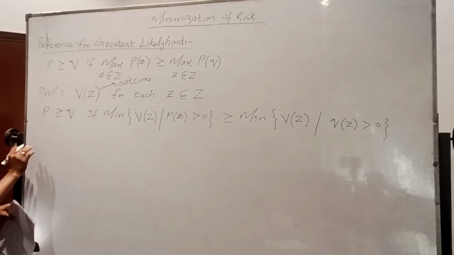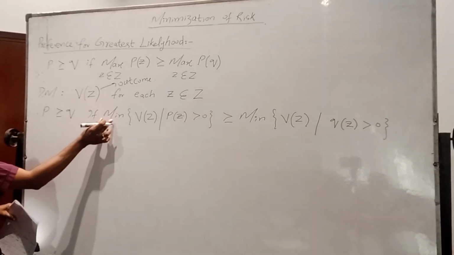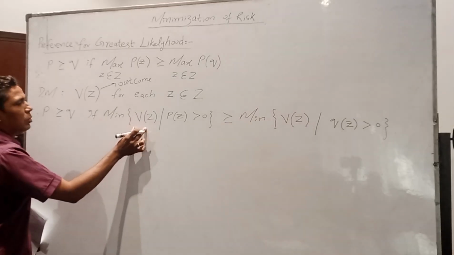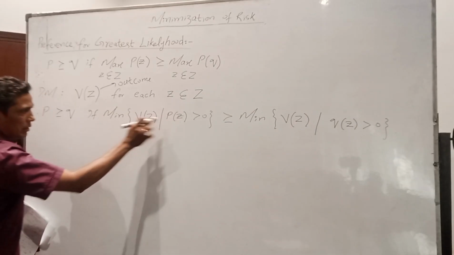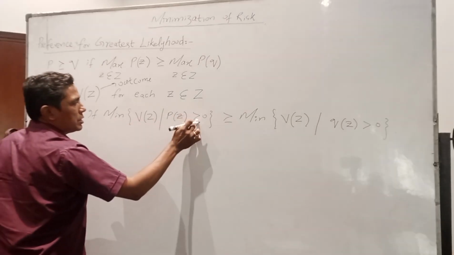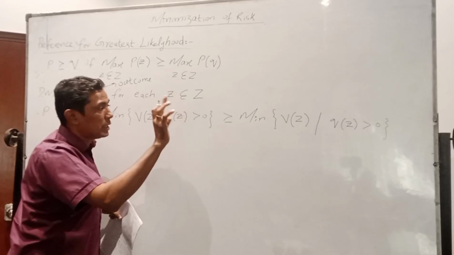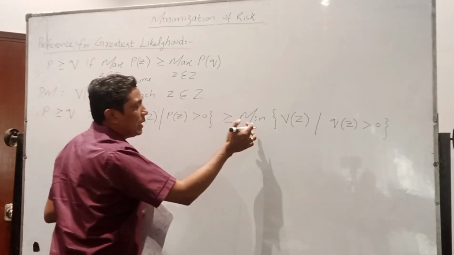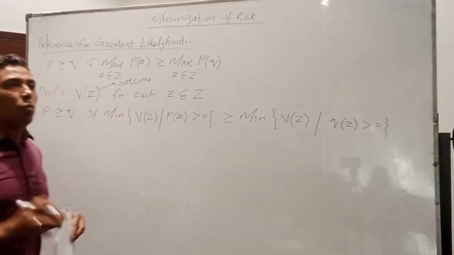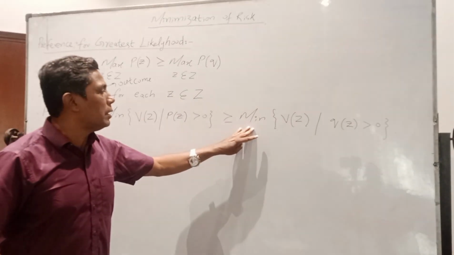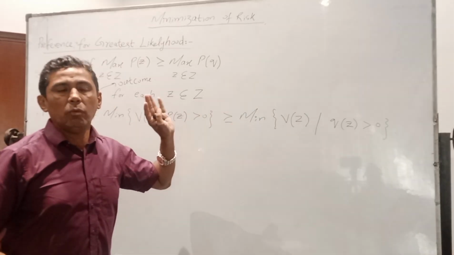So ultimately, when that condition is satisfied, the min of that outcome, given that probability is greater than 0, means that it should not be equal to 0. It should be greater than or equal to the min of that one. Why are you comparing the outcome of min? What does it mean?